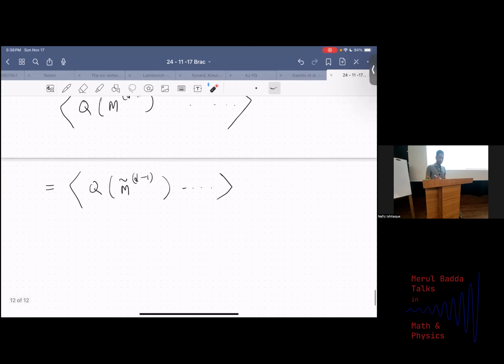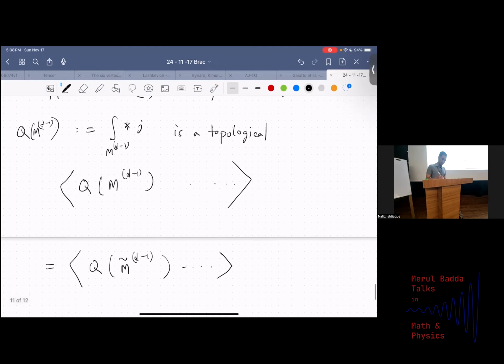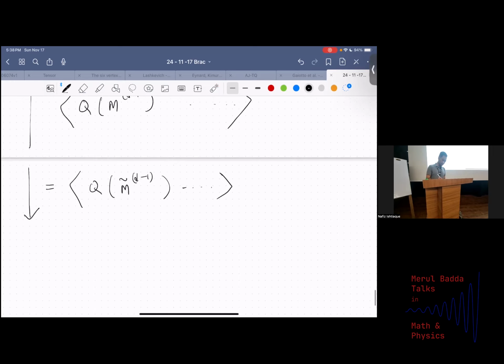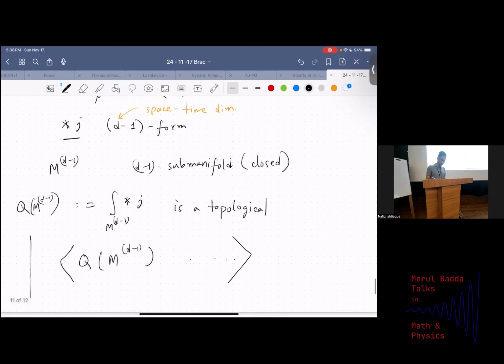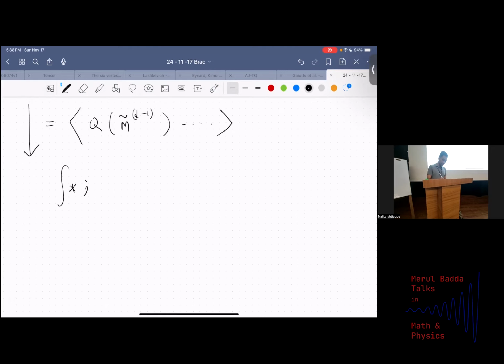Okay, so now why is this true? Let me first quickly say why it's true, and then maybe I'll elaborate a bit more. So let's look at this operator. It was star J integrated over M_{d-1}. Let's say this is a picture of M_{d-1}. I'm not really specifying what d is or what M_{d-1} really is.